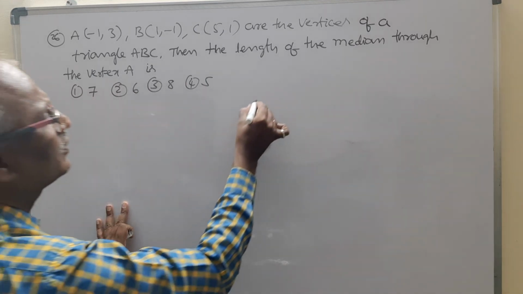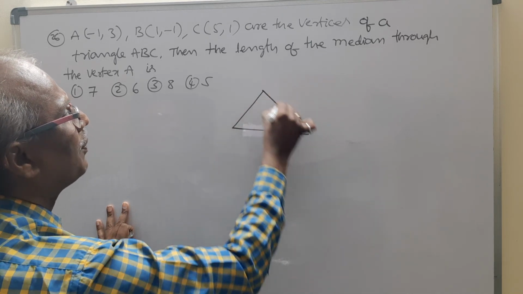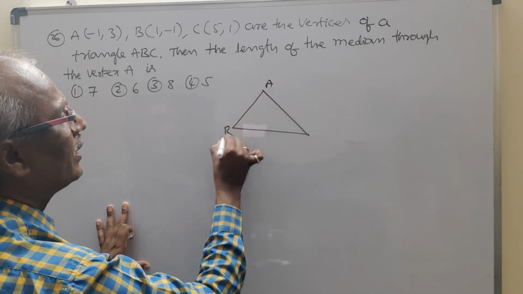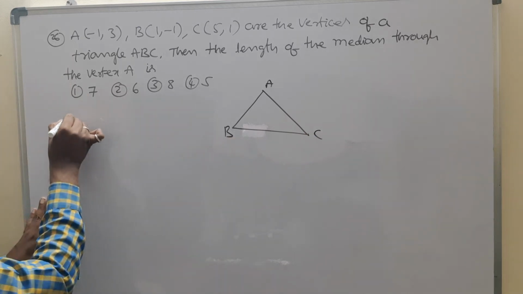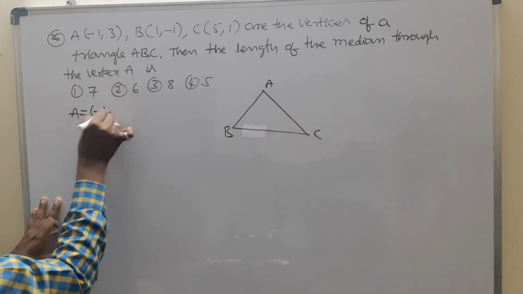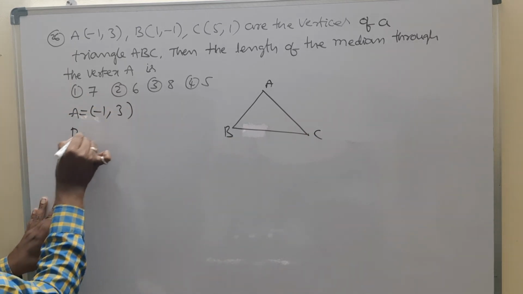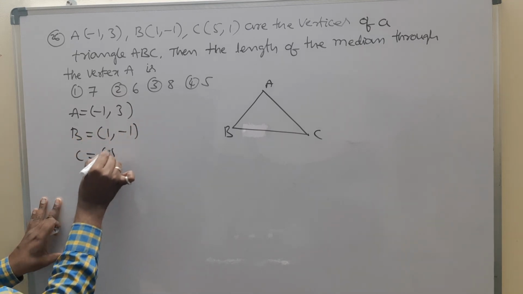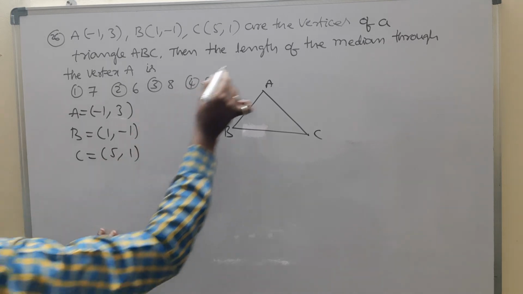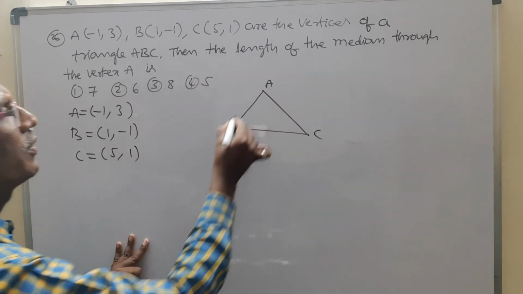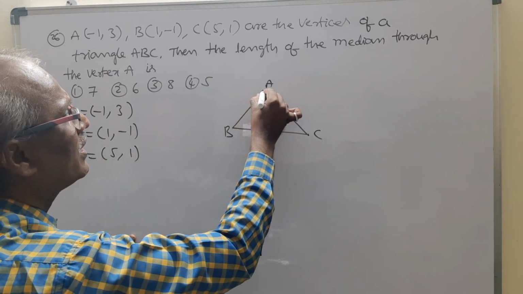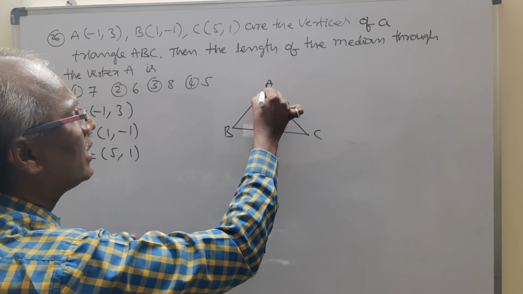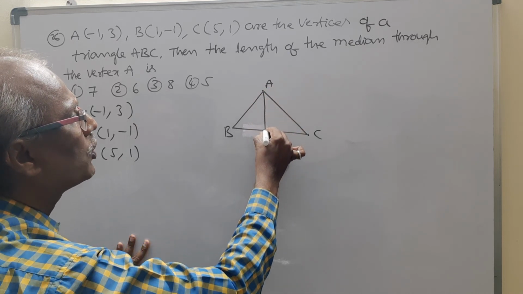In the triangle, the vertices are A equal to (-1, 3), B equal to (1, -1), C equal to (5, 1). To find the length of the median through vertex A, the median is a line joining the vertex to the midpoint of the opposite side.